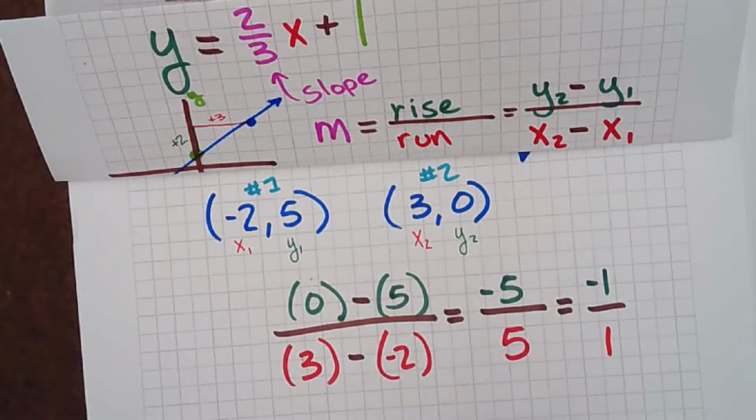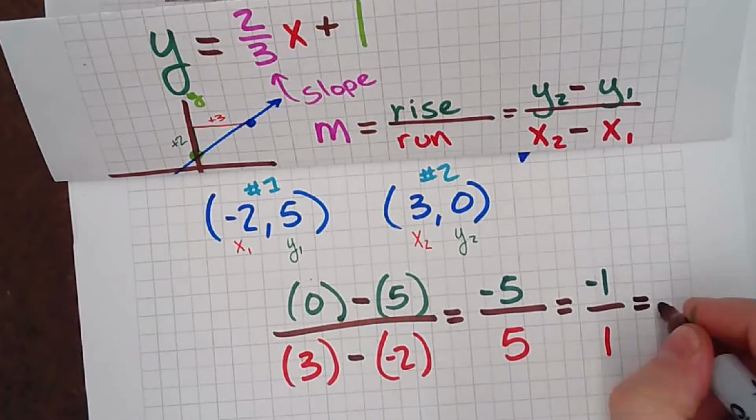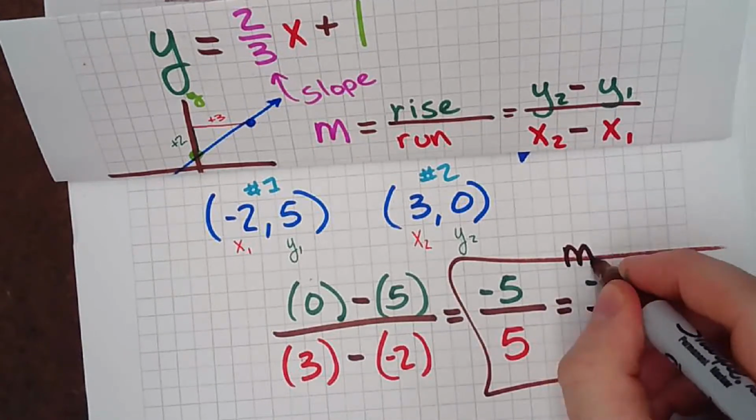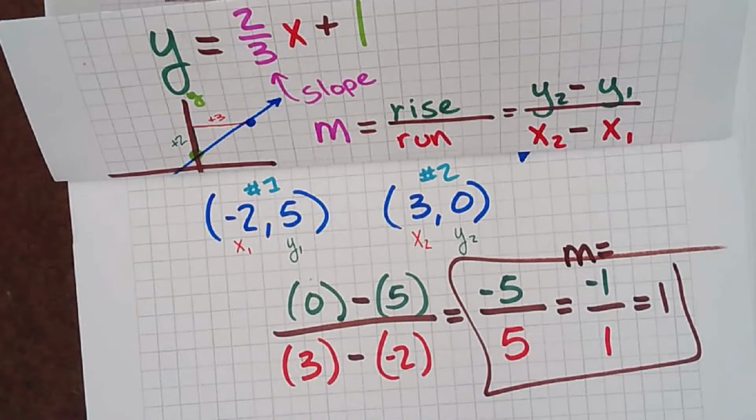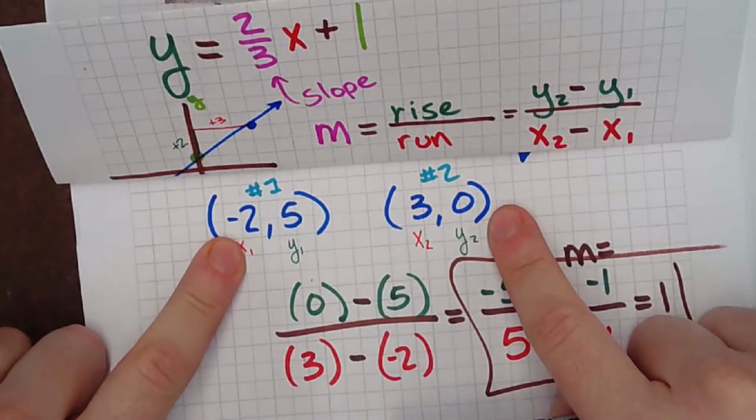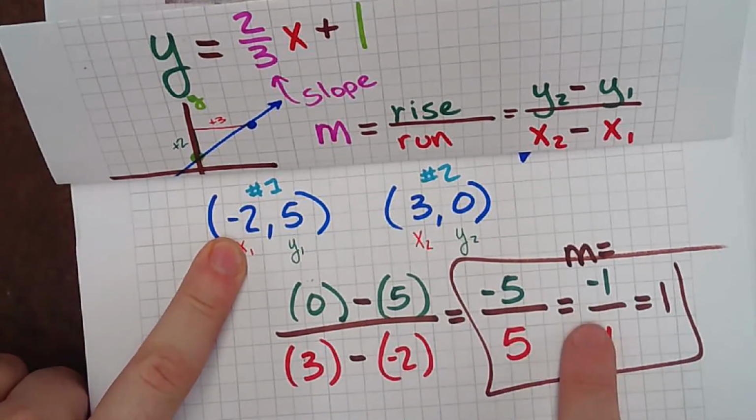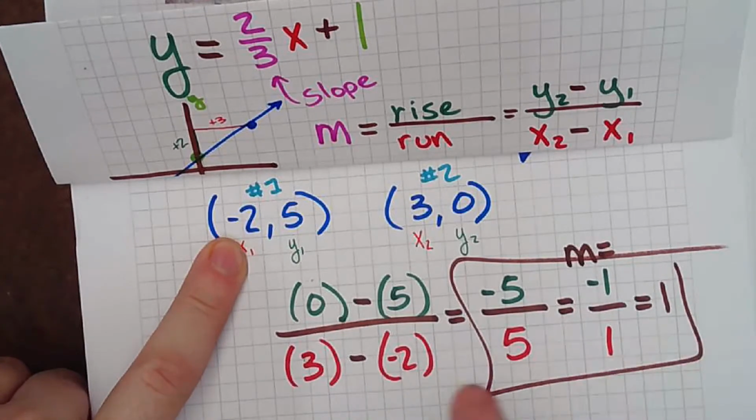Either will work. So we could have a slope of any of these. All of those equal m for this line. So the line between these 2 points has a slope of negative 1 over 1, negative 5 over 5, whatever you want to call it.